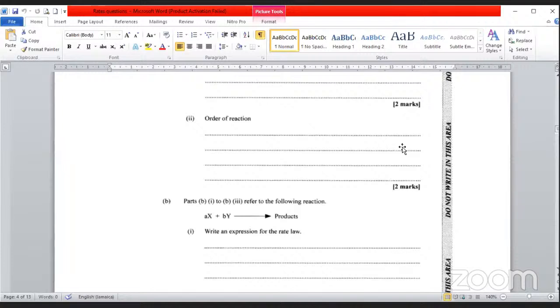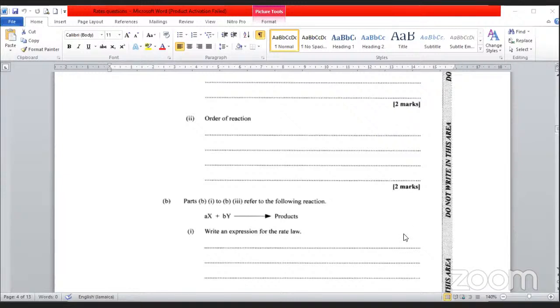So the order of reaction with respect to a reactant is the power to which the concentration of the reactant is raised.